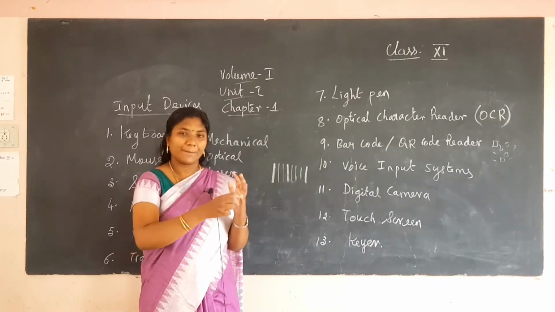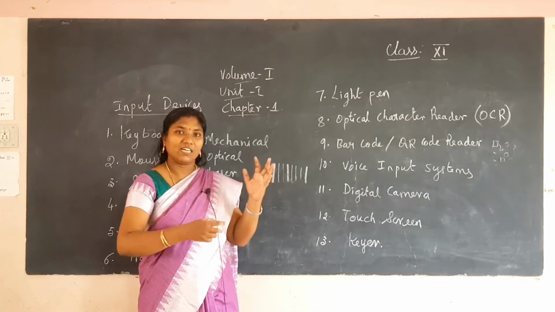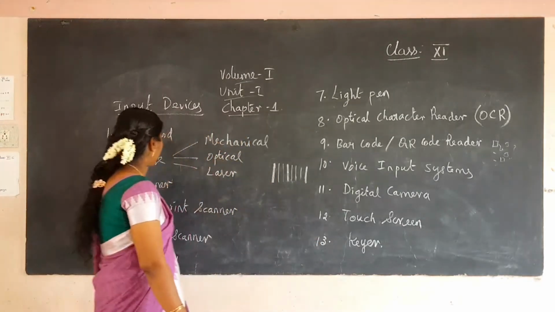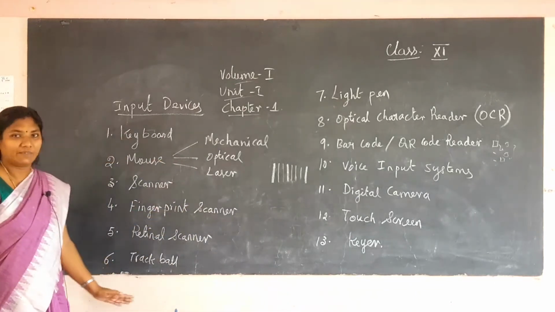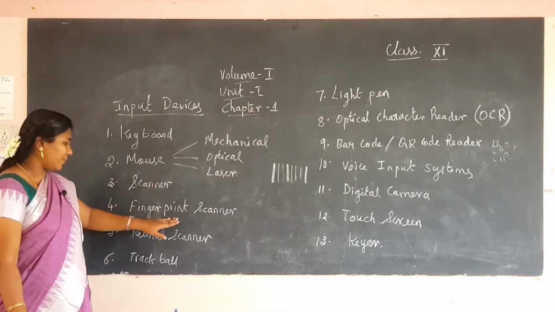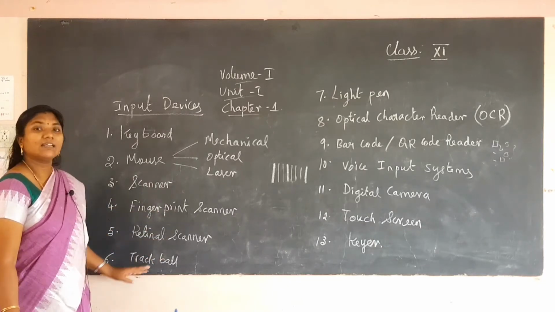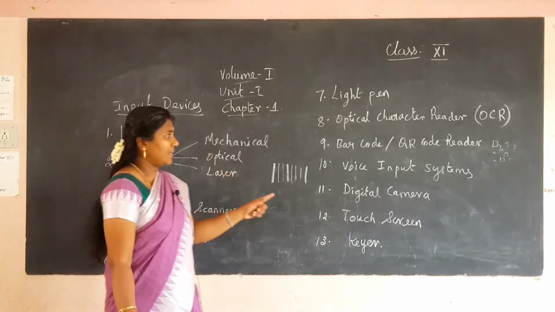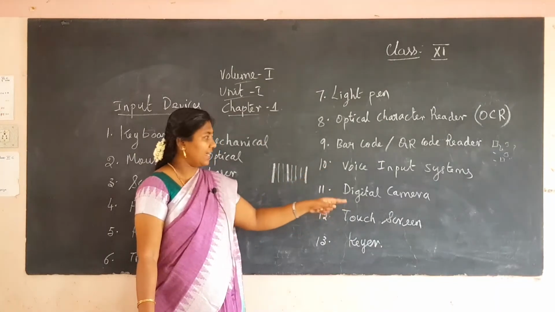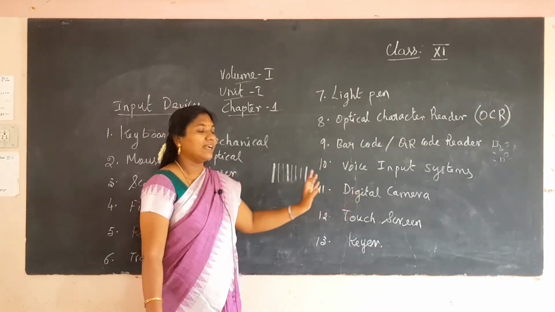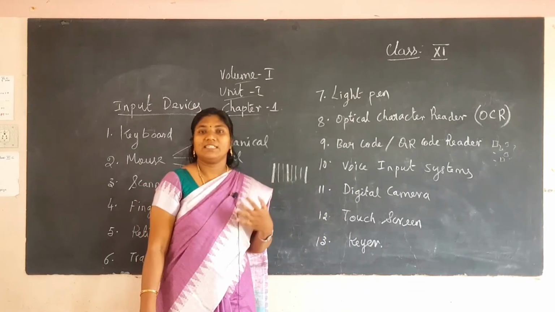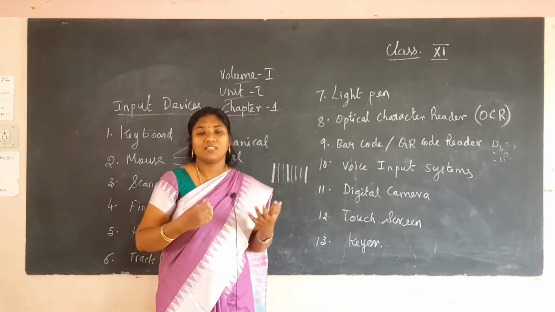Okay. So, that one is the care part. So, these are all the input devices: keyboard, mouse, scanner, fingerprint scanner, retinal scanner, trackball, light pen, optical character reader, barcode and QR code reader, voice input system, digital camera, touch screen and care. So, these are all the 13 input devices that are given in your book.